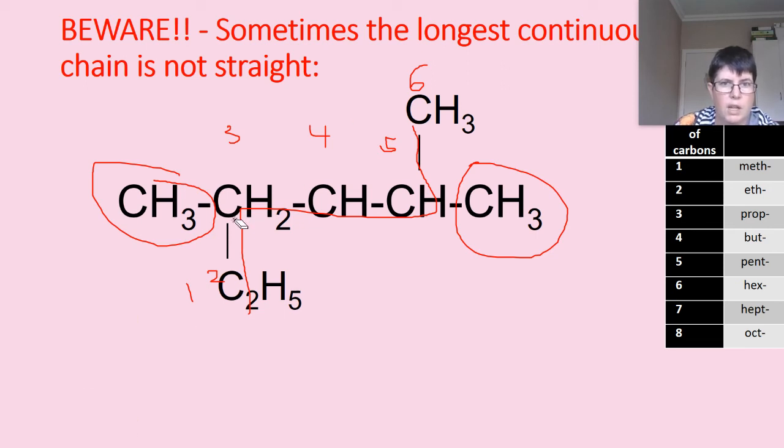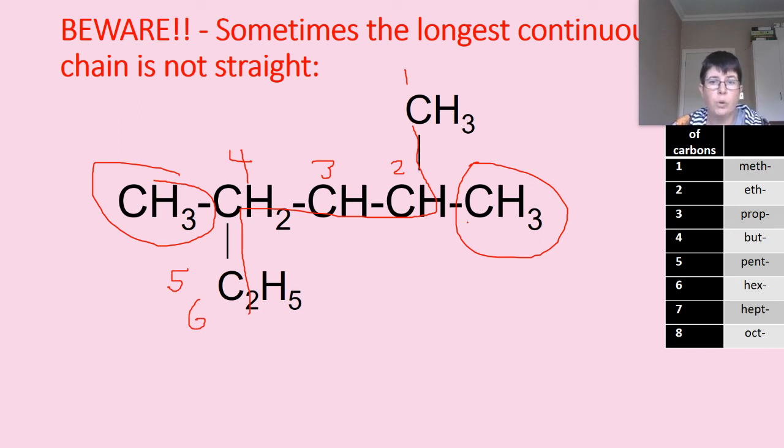We have to check if we number the other way, so we number 1, 2, 3, 4, 5, 6. So there's 2 carbons there, then it would be 2,4-dimethylhexane, and that would be correct.